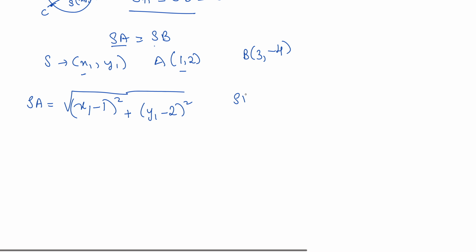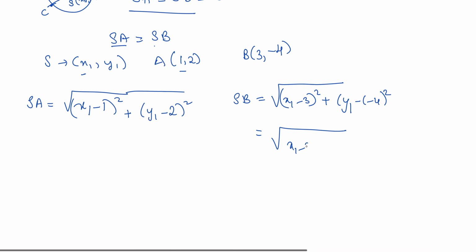And SB is the square root of (x1 minus 3) whole square plus (y1 minus of minus 4) whole square, which becomes (x1 minus 3) whole square plus (y1 plus 4) whole square.